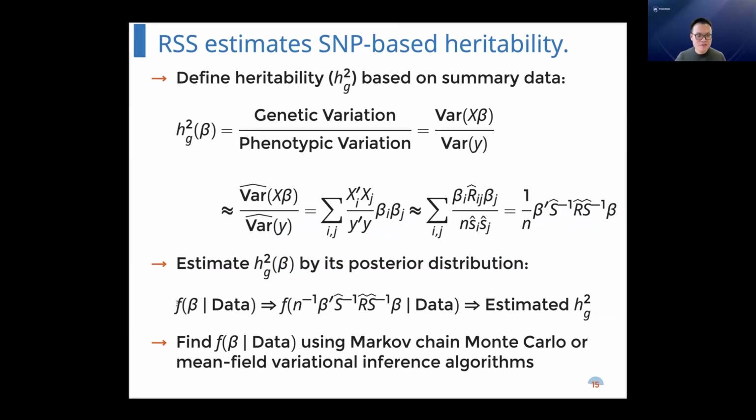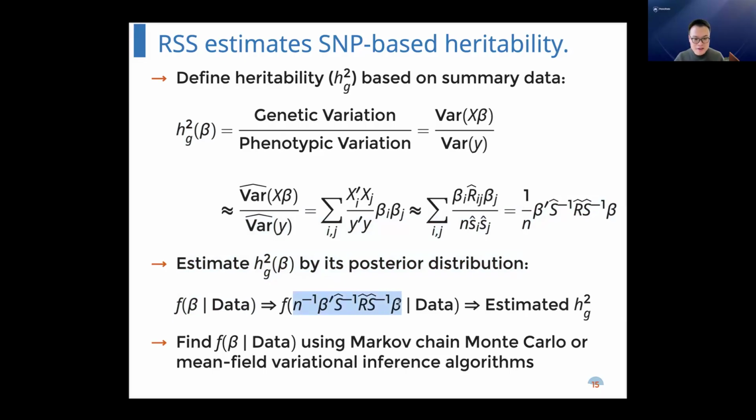We first develop some kind of algorithm such as Markov-Chain Monte Carlo or mean field variational inference to get a posterior of beta. Now you realize that this heritability is a function of beta in this quadratic form, so it's very straightforward to induce the corresponding posterior distribution.